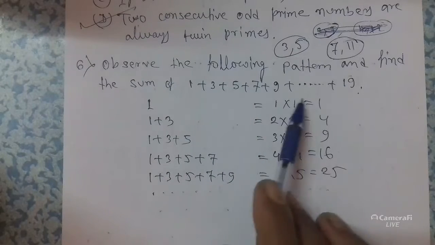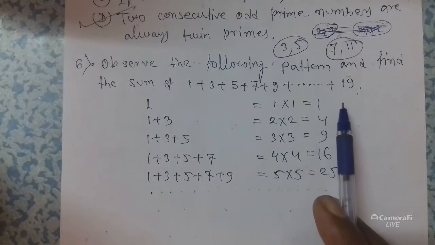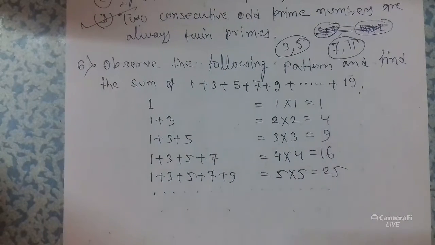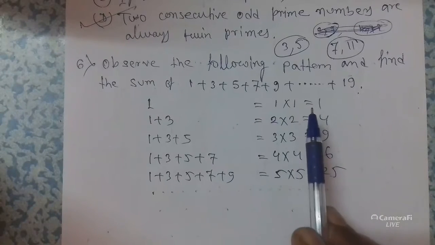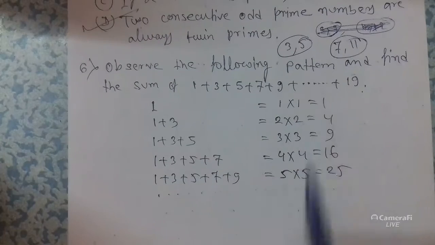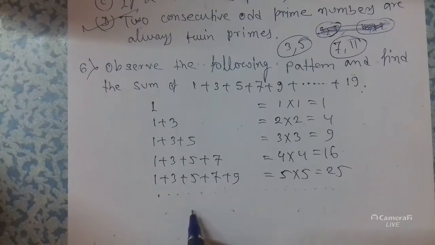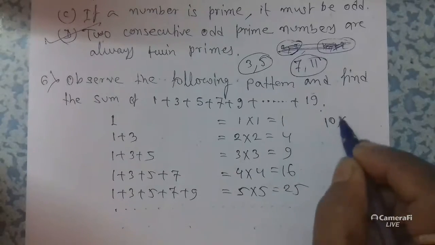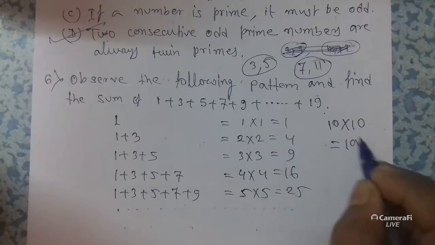So in the given sum, at first we have to find how many numbers are there. So there are 1, 3, 5, 7, 9, 11, 13, 15, 17, 19. 10 numbers are there. So that means 10 into 10. 10 into 10 is equal to 100.